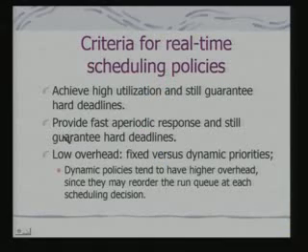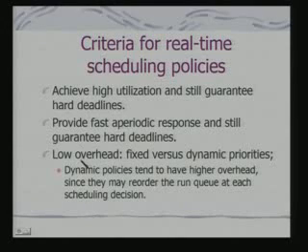The CPU may be waiting for a while so that you can meet the deadlines of periodic tasks or even aperiodic tasks with deadlines. So, the other objective is to provide fast aperiodic response and still guarantee hard deadlines. This is the most difficult thing, because you might have scheduled the task, but now suddenly an aperiodic task arrives and you need to give a fast response time.